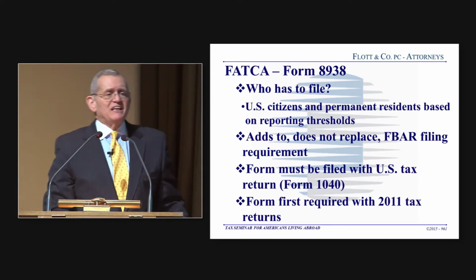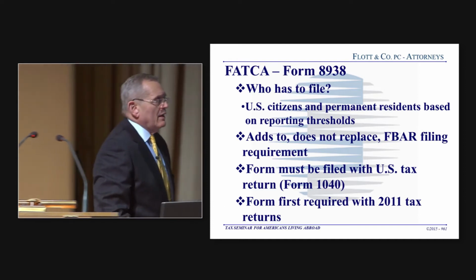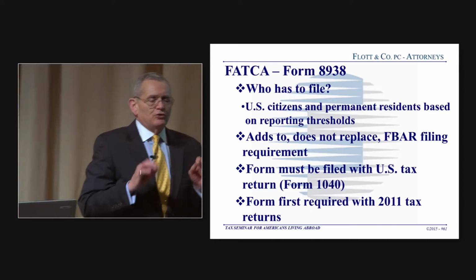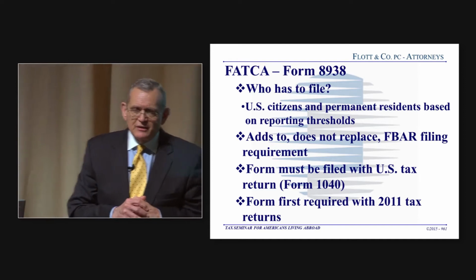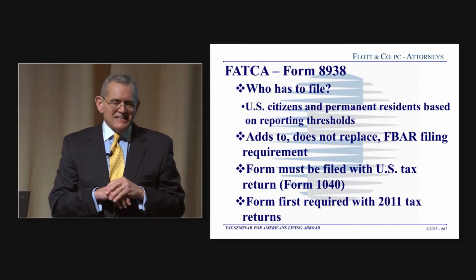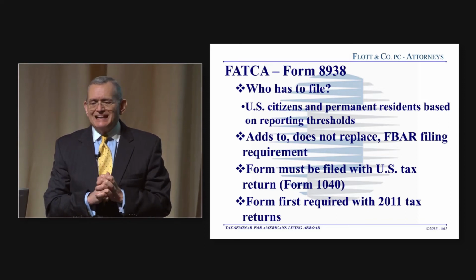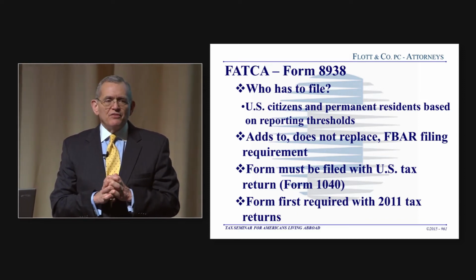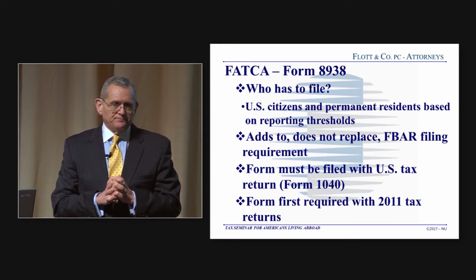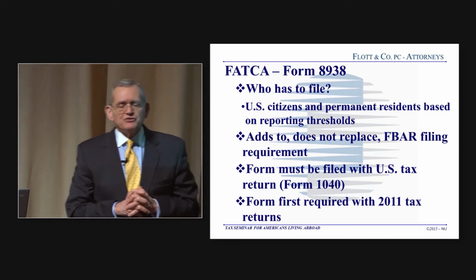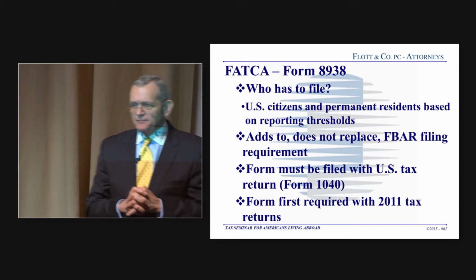Dealing first with the individual mandate, if you have, and we'll go through it in a couple of seconds, certain foreign financial assets of a certain value, you have to file a Form 8938 with your U.S. tax return. Congress didn't replace the FBAR.